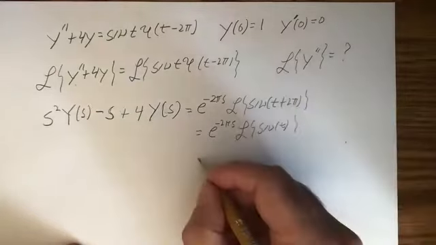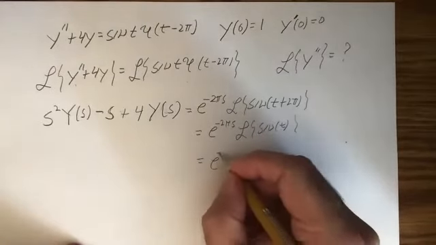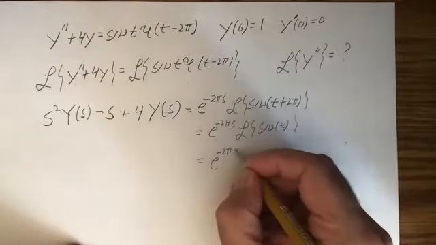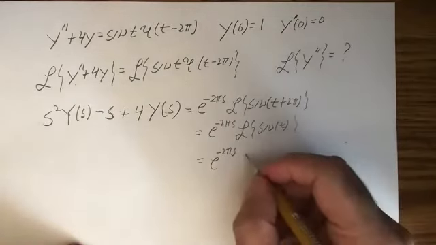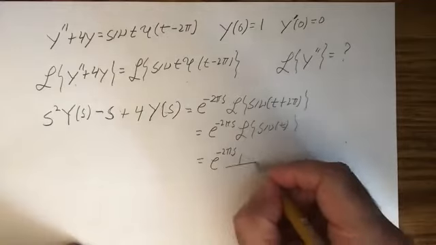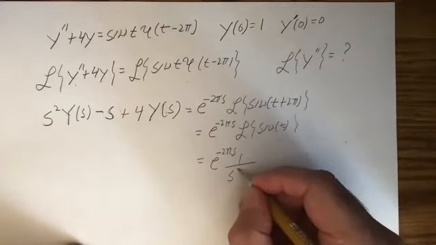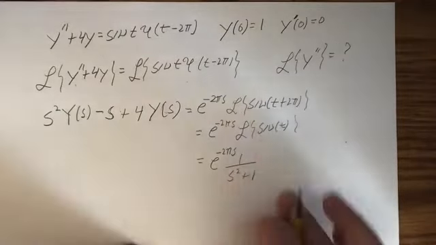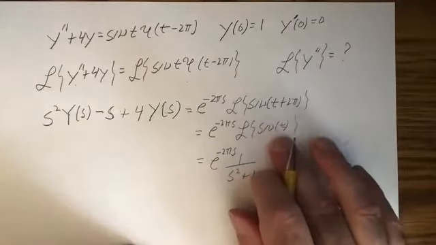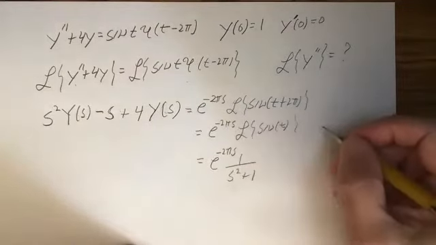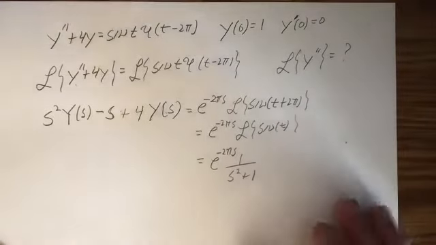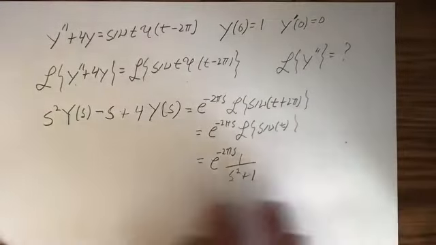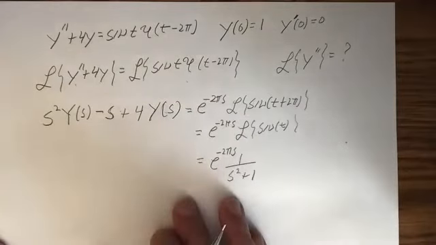This is just going to become 1 over s squared plus 1. Remember the Laplace transform of sine, everyone remembers that. If not, you just look it up in the table. All right, so let's see now.